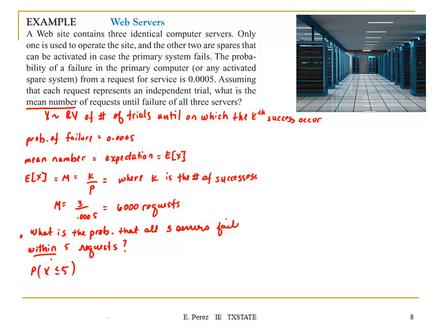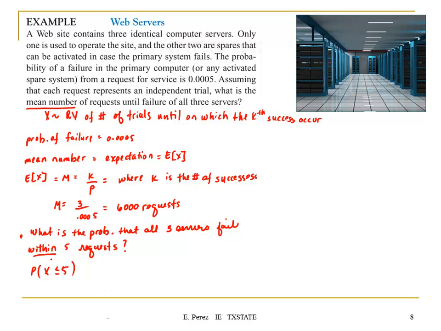If you're looking at the 3 servers, what would be the probability of x being equal to 2? Can you have all 3 servers failing after 2 requests? No, because you're going to need at least 3, one per server.